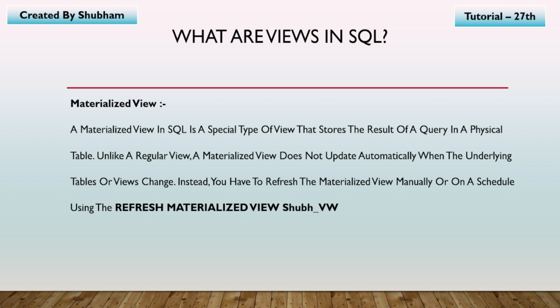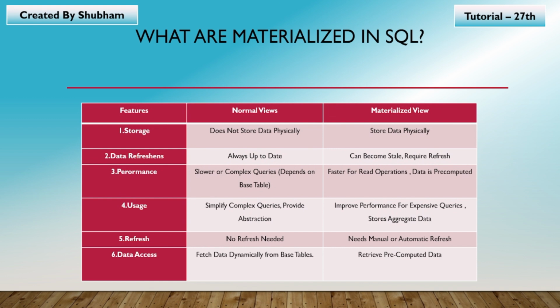And now let's talk about some differences. Here we have normal views versus materialized view. If we talk about storage, normal views do not store data physically, but a materialized view stores data physically. Data is always up to date in the case of normal views, but a materialized view can become stale and require refresh. Performance-wise, normal views are slower for complex queries and depend on the table, but for a materialized view, read operation data is pre-computed.